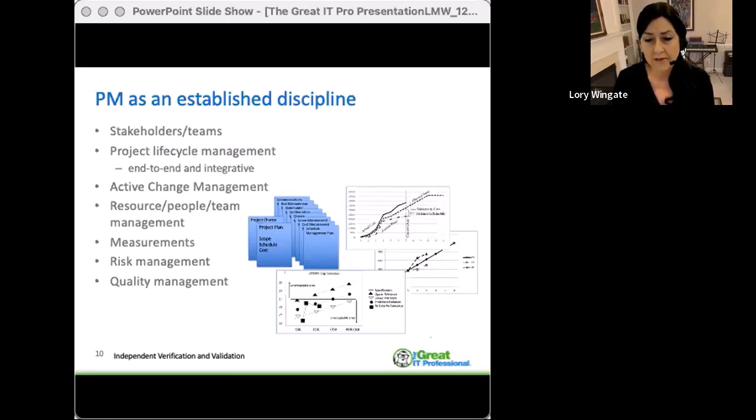And project lifecycle management is the process that allows us to determine where we are in the project execution within its full life cycle from end to end. Where we are in the life cycle matters in our risk management and also in how we engage with our customer.